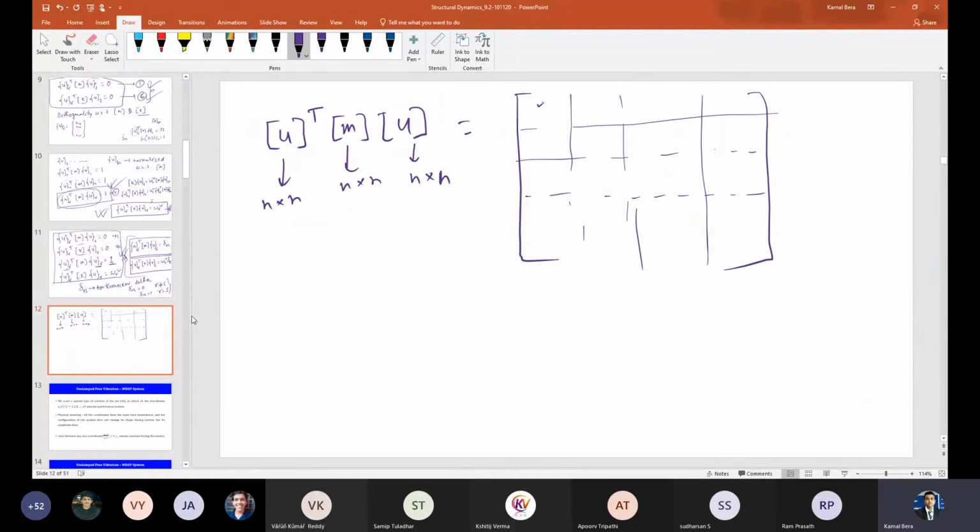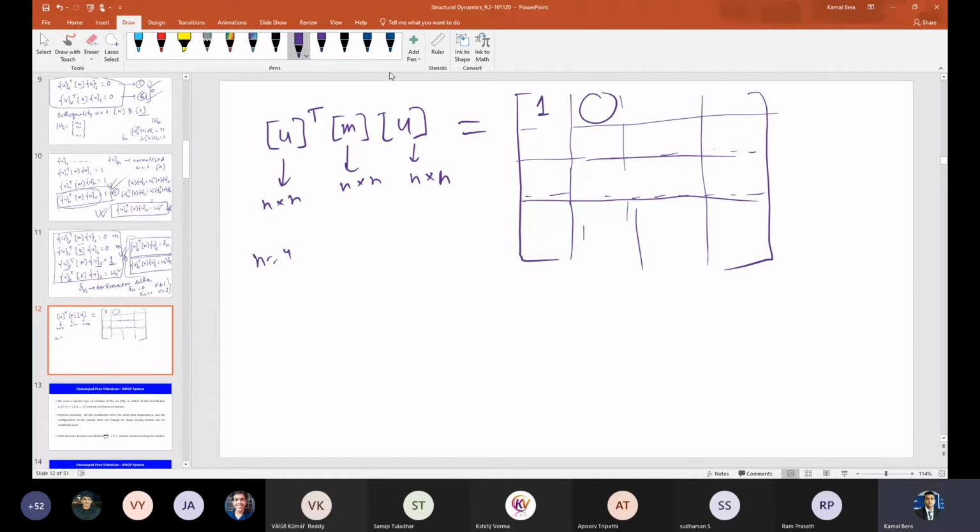Now tell me, what is this entry? Let's say it is a 4 by 4, n is 4, so that's why you make a box. What is the first entry? Come on, you should know. The first entry is 1.